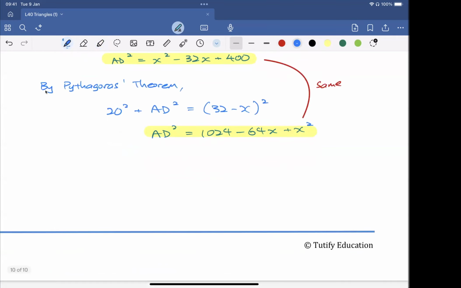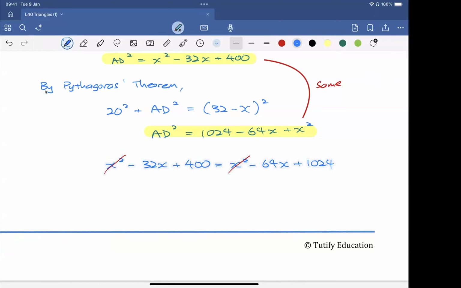So I can just cancel. I can just write them x squared minus 32x plus 400 equals to x squared minus 64x plus 1024. Cancel away the x squared because it appears on both sides.